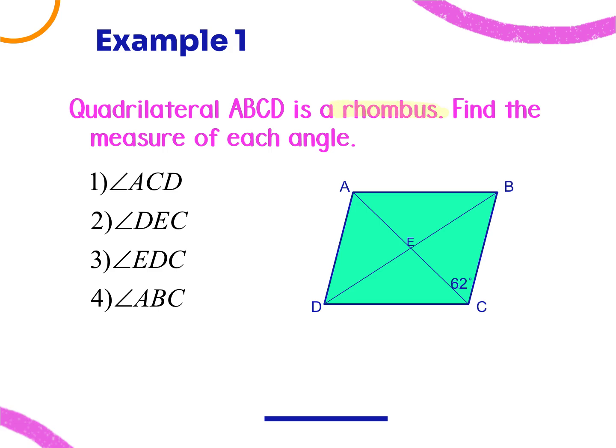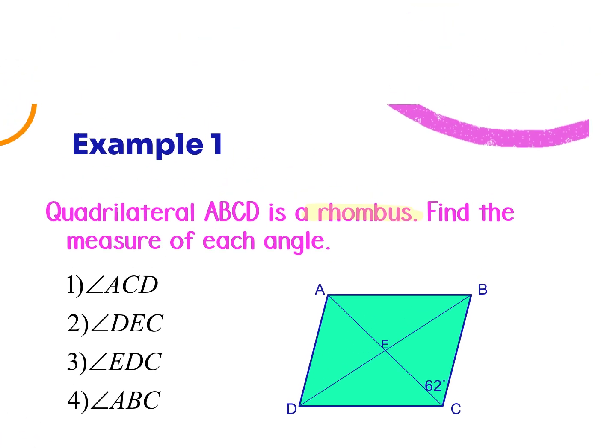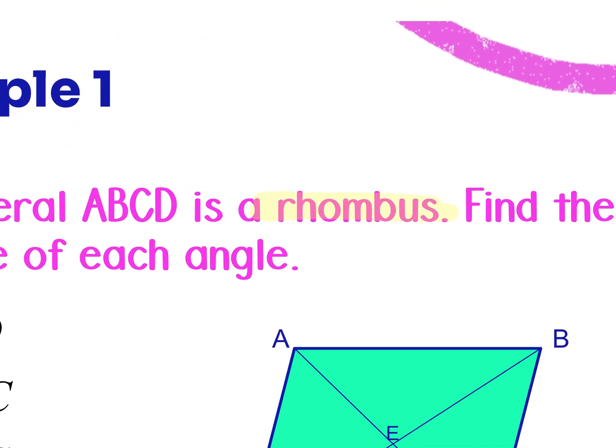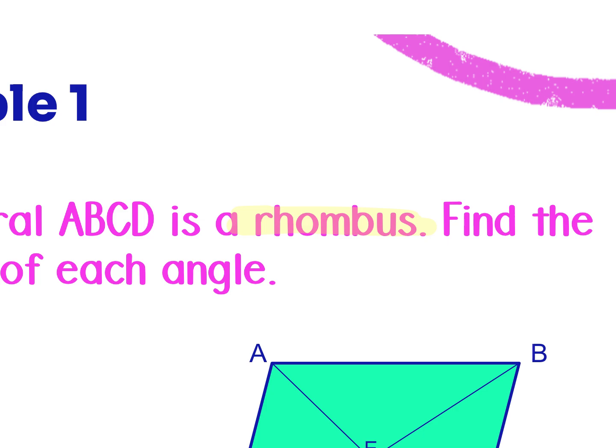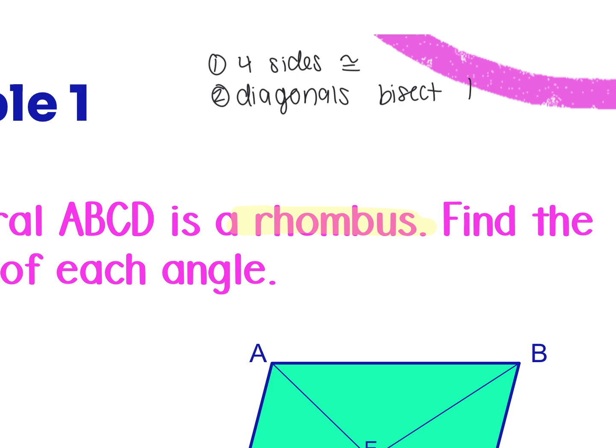I'm going to go ahead and write my properties at the top because, again, if we write them, we'll hopefully remember them. So looking at my rhombus, there were 3. The first one, all 4 sides are congruent. The second one, your diagonals bisect at a 90-degree angle.